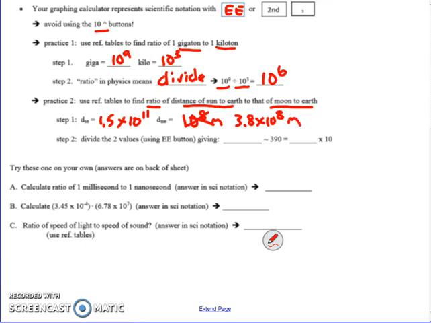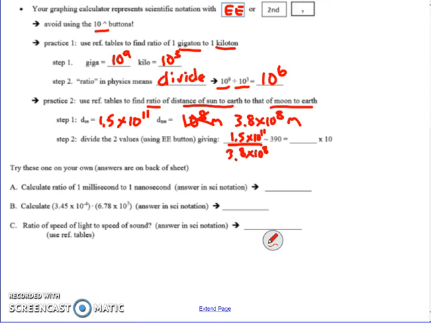Anyway, I suggest you use your graphing calculator or scientific calculator to type these in to verify that when I divide the two values, that's what ratio means. Okay, I get, right? 1.5 times 10 to the 11th divided by 3.8 times 10 to the 8th.